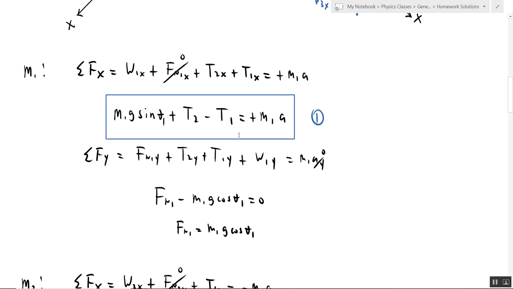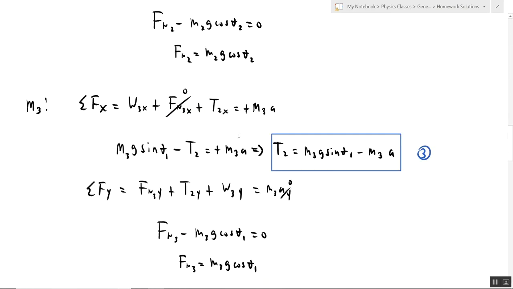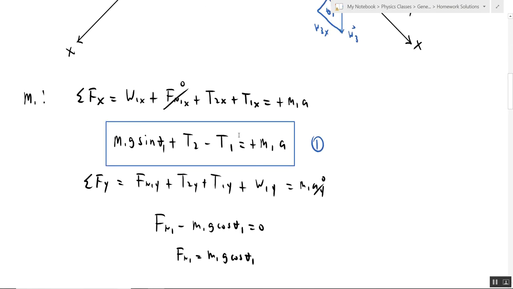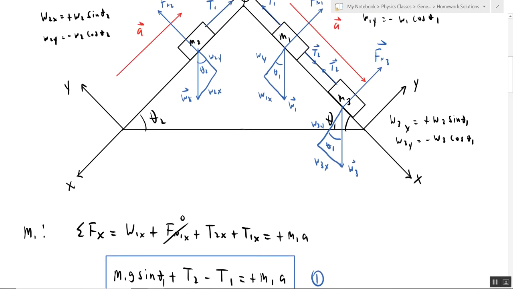So let's sum the forces in the x direction. We're asked something about the acceleration or the tension, and the tension and the acceleration is all in the x direction. So we don't need to worry about the y direction for this problem. Just the x. So we're summing the forces in the x direction on mass 2 and mass 1 and mass 3. We're doing mass 1 first.